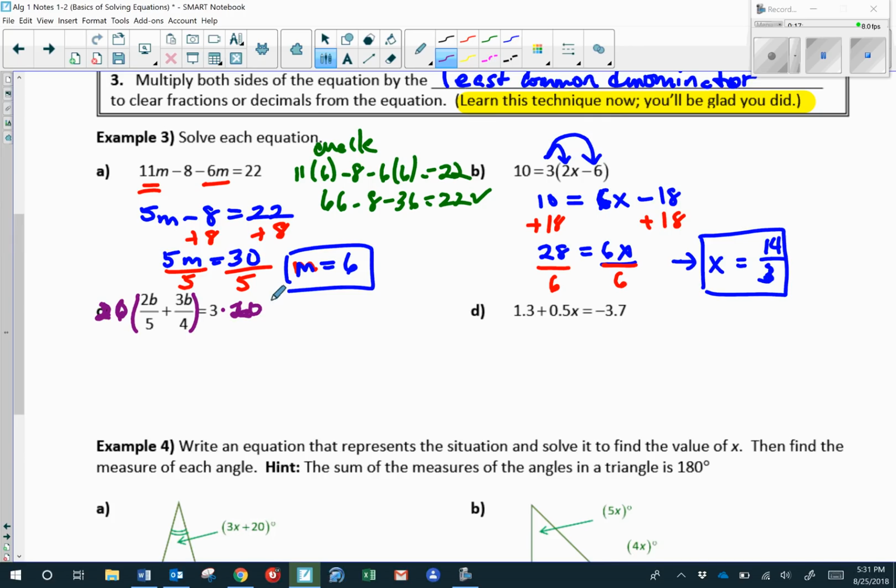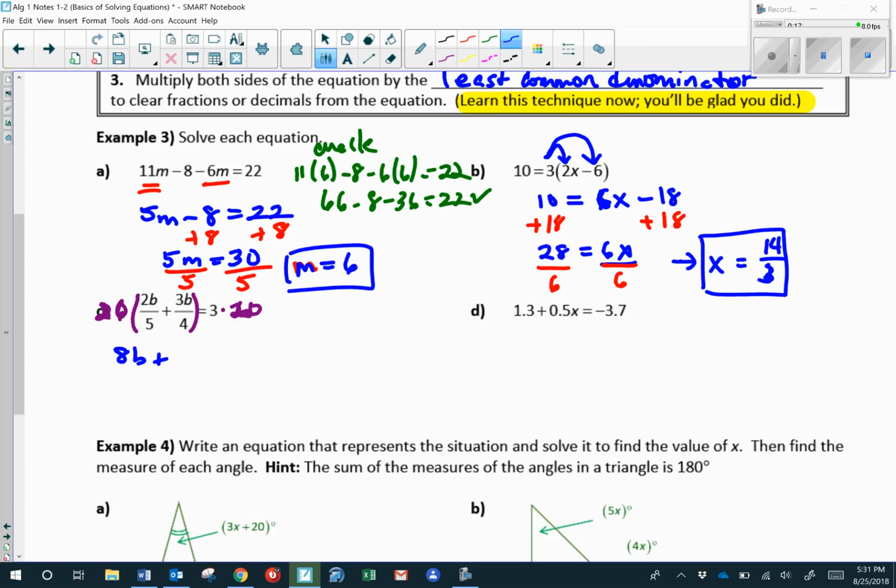So we're going to multiply by 20. And so again, think of the easy way to multiply fractions. Remember that over 5 means division. So 20 times 2b over 5, we'll do the over 5 part first. 20 over 5 is 4. 4 times 2b is 8b.